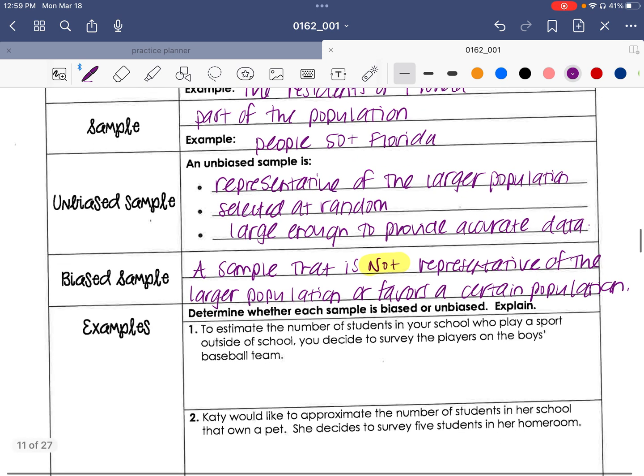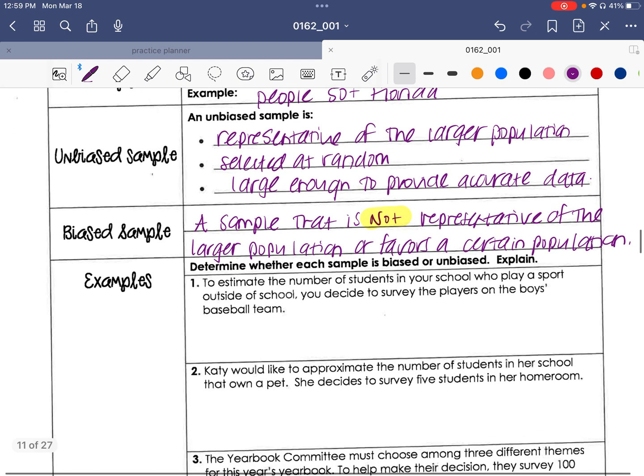Okay, so now we're going to look at some different samples and see, are they biased or unbiased? To estimate the number of students in your school who play a sport outside of school, you decide to survey the players on the boys' basketball team. This is biased. We're only surveying already student athletes.